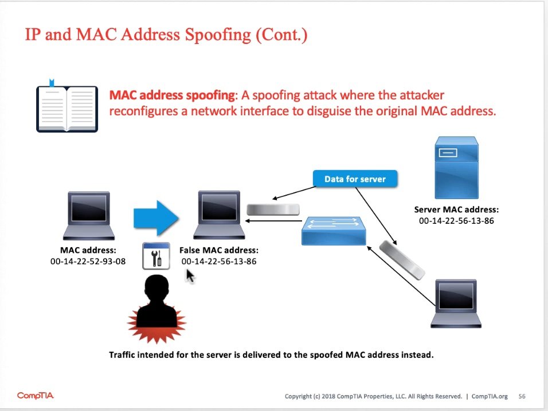And so that way, the original MAC address says that it has this MAC address, and then it sends out data for the server, and the server ends up responding to the spoofed MAC address, right?